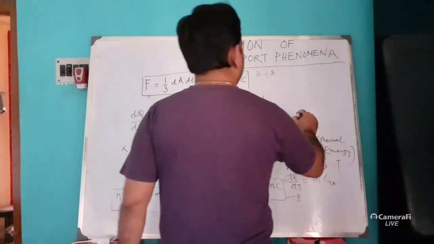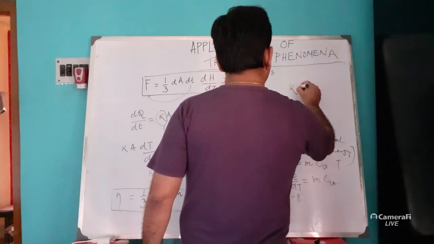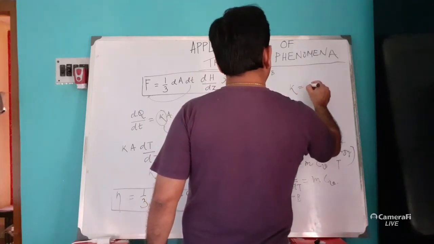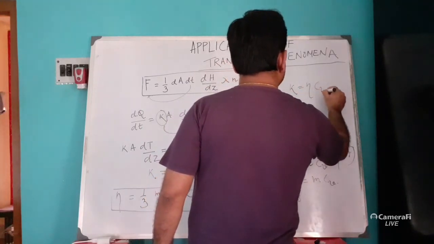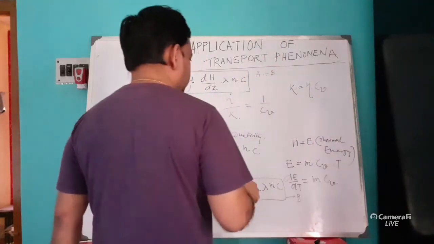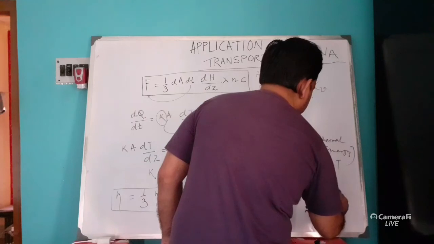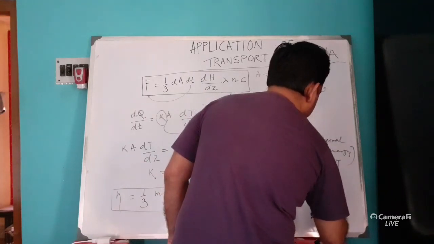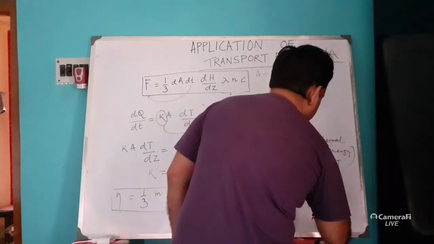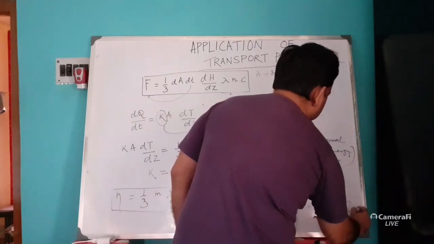So we can write K is equal to eta Cv, where Cv here is the specific heat at constant volume.